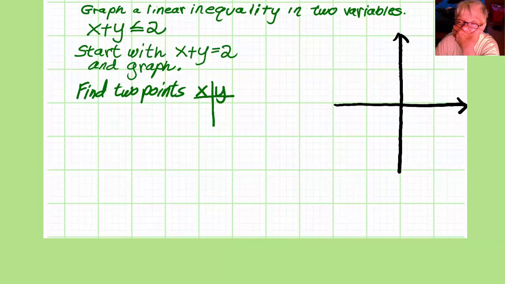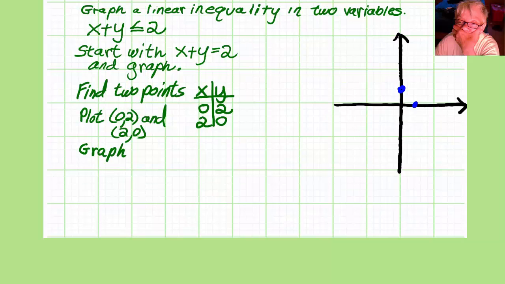So I make an x and a y table. I find the intercepts just because they're easy to find in this particular line. We're going to plot these 2 points, the point 0, 2 and the point 2, 0. There's 2, 0 and there's 0, 2.